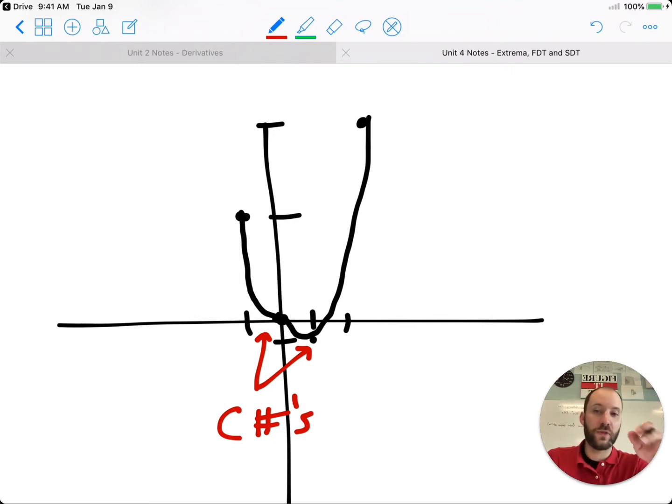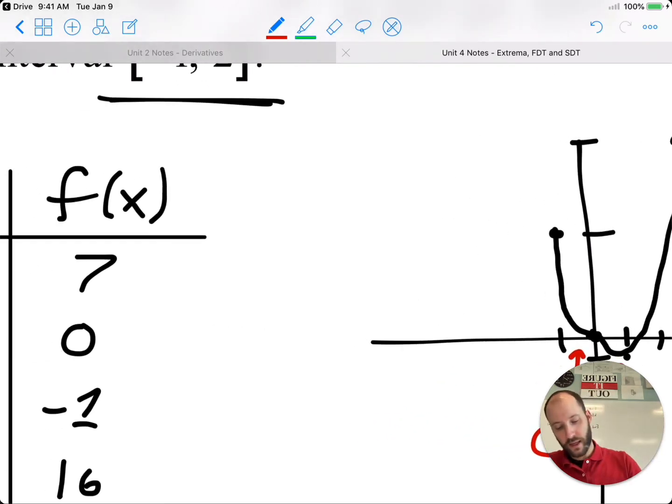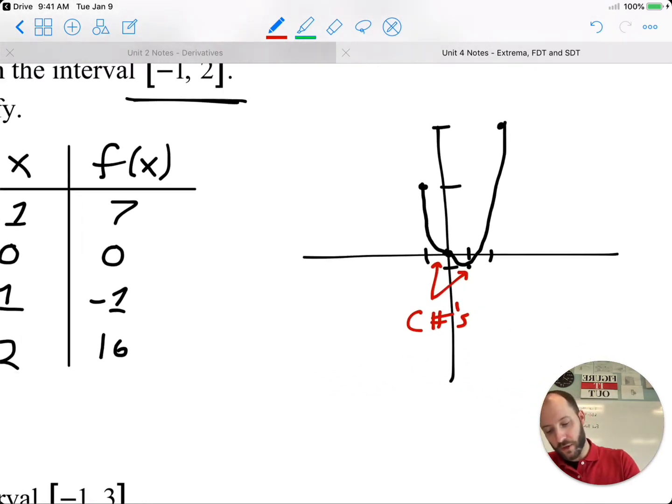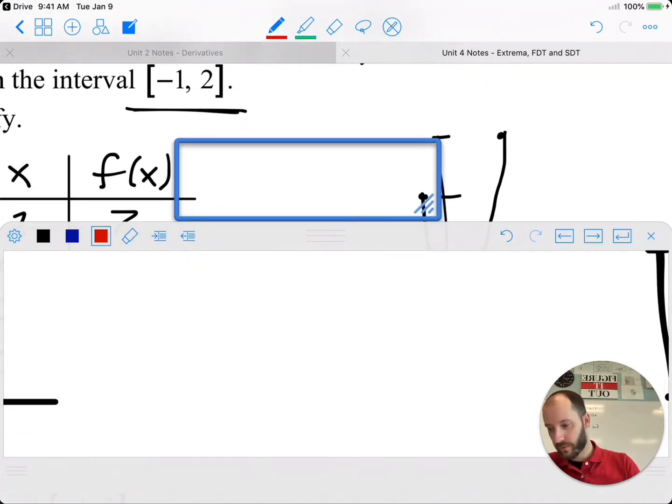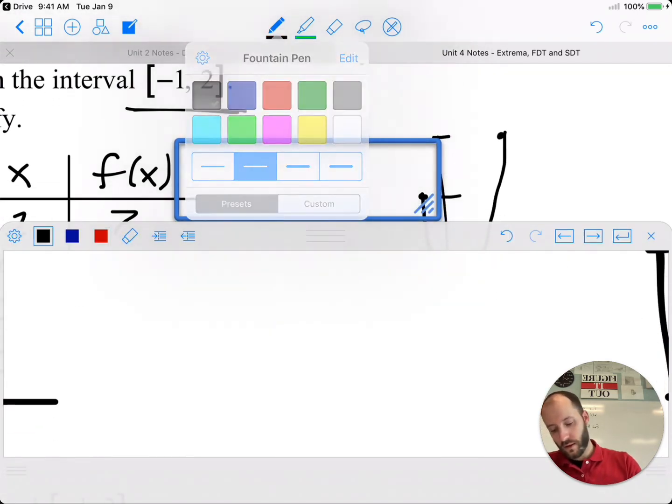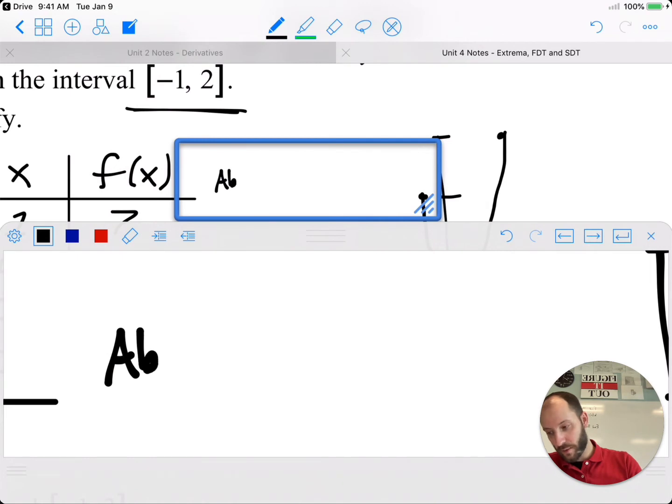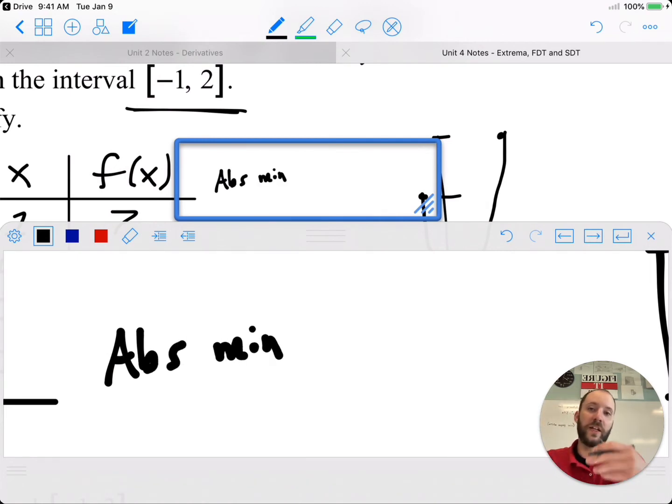And you can see from the graph and from our table of values, we have an absolute maximum or minimum. I'm going to say max, but write min, so we'll go with that.